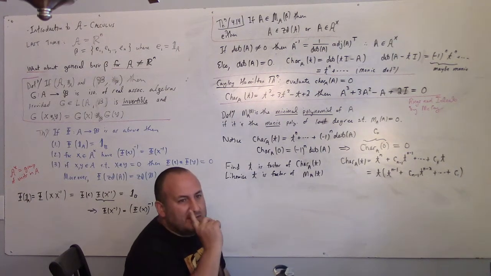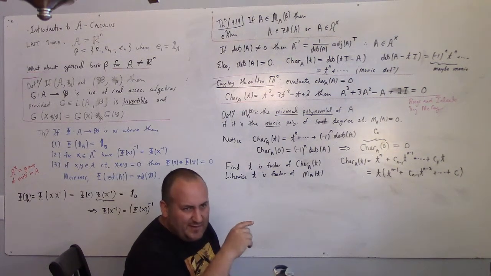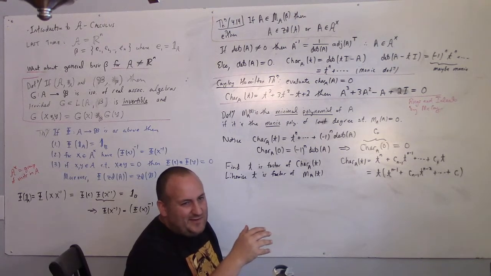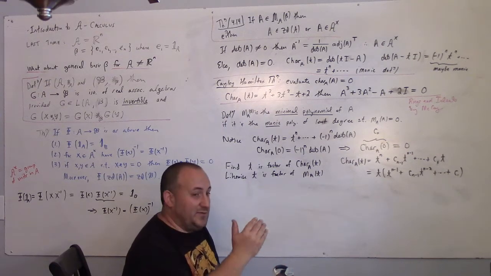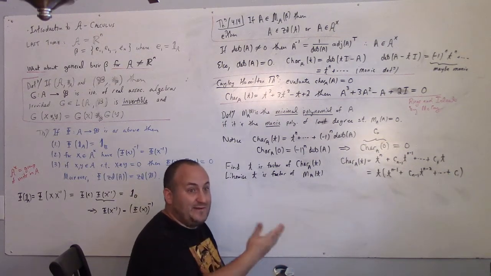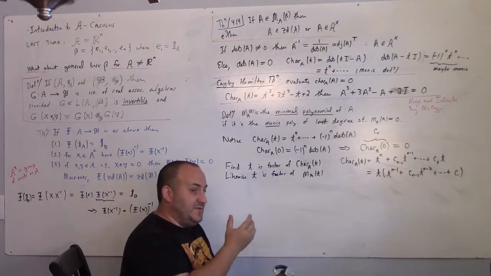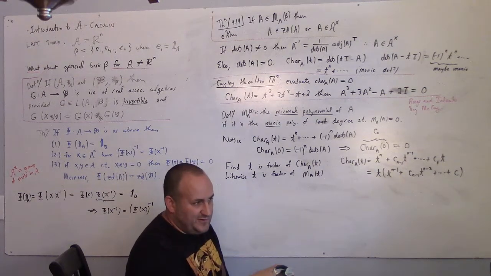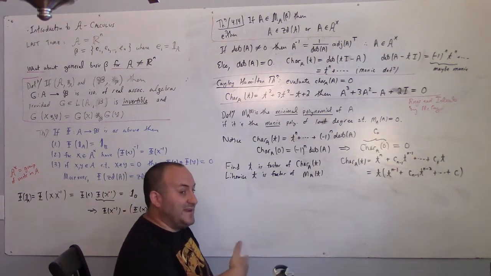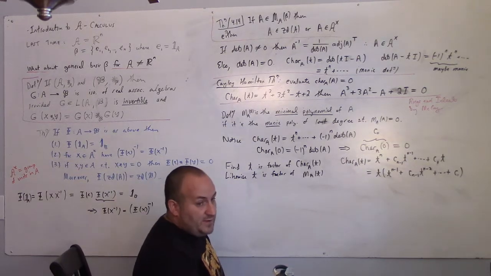So like the matrix I had as an example, it was t minus 3I squared. So it's like t minus 3I times t minus 3I is equal to 0, but when you actually plug A into the t minus 3I, it's 0. At the level of matrices, that's 0 times 0 equals 0, which is true, but not what we're looking for. I'm trying to find the non-zero thing that, when multiplied by A, gives you 0.